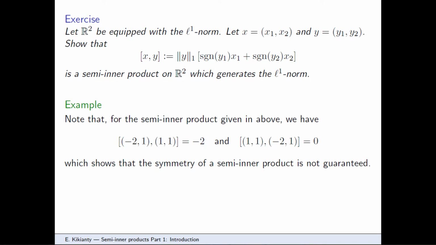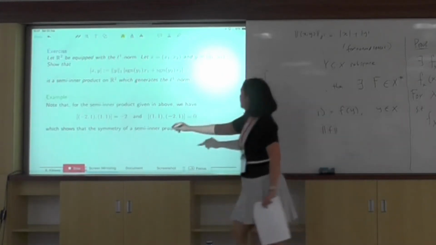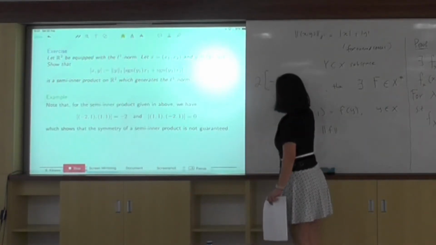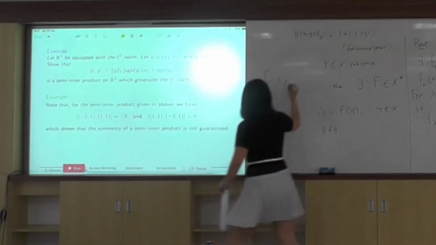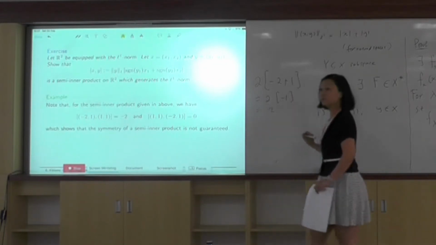Yeah, this is correct. So the norm of y is 2, and then sign of y1 is positive, x1 is -2, so we get -2, plus sign of y2 is positive, times x2, which is 1. So 2 times -1 is -2, yeah?